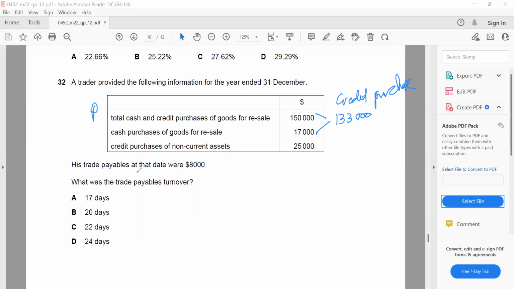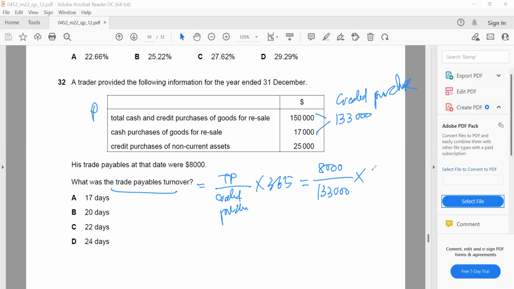His trade payable at the date is 8,000. What was the trade payable turnover? Trade payable turnover is trade payable over the credit purchases times 365 days. So we take trade payable 8,000 and credit purchases 13,300 times 365.